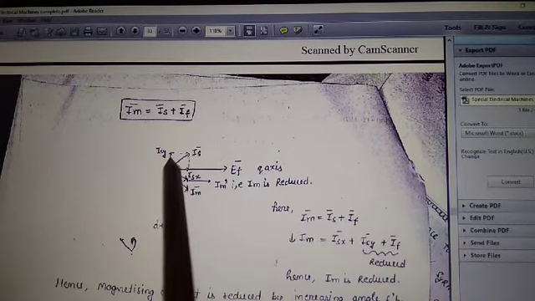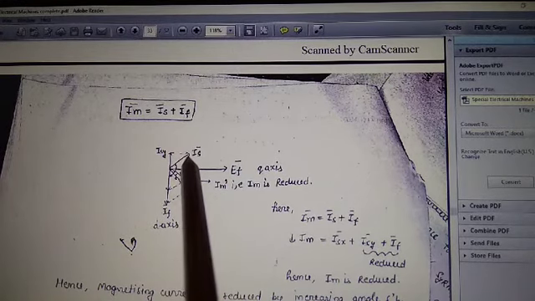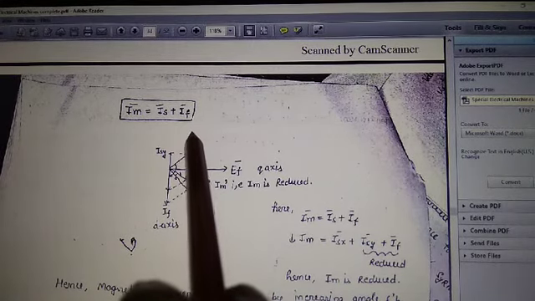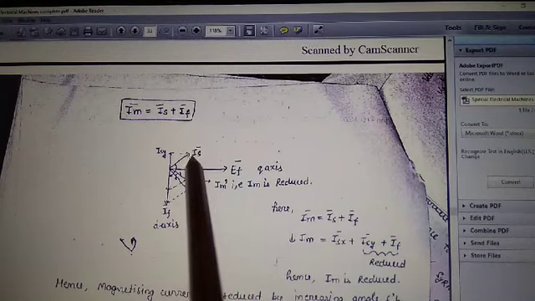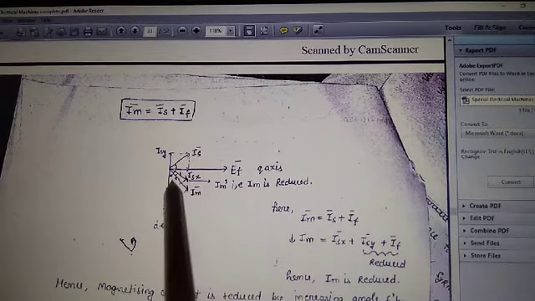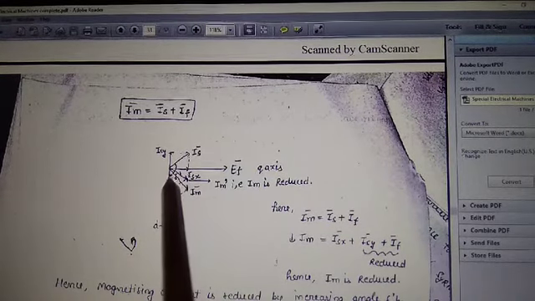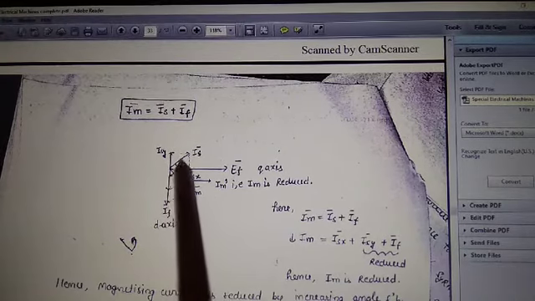If we increase the vertical value Isy, this Is value goes to the upside. If Is goes upside, the angle between Is and If, that is delta prime, is increasing.